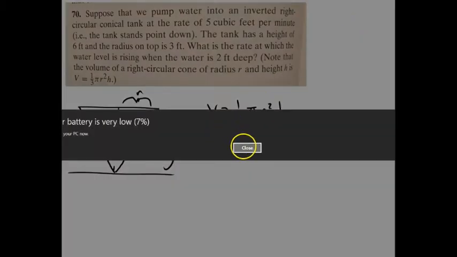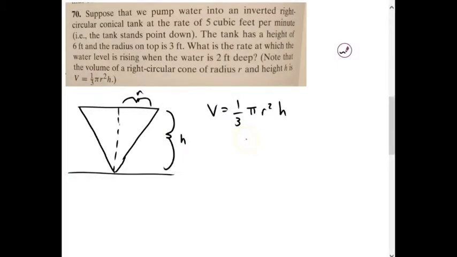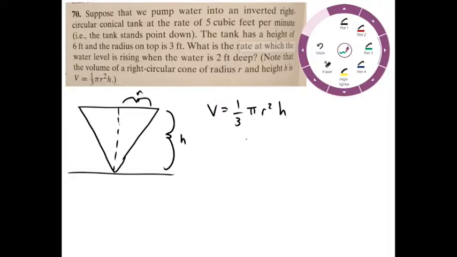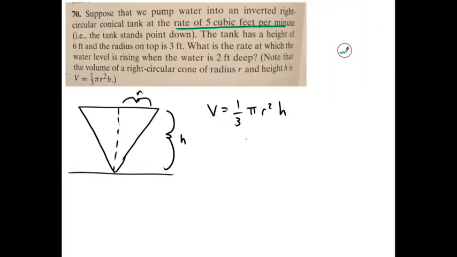They tell us that the rate at which the water is being pumped in is 5 cubic feet per minute. So we know that dV/dt, the rate of change of volume, is 5 feet cubed per minute.